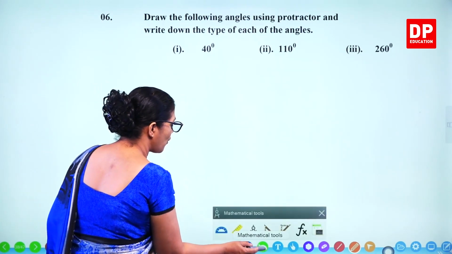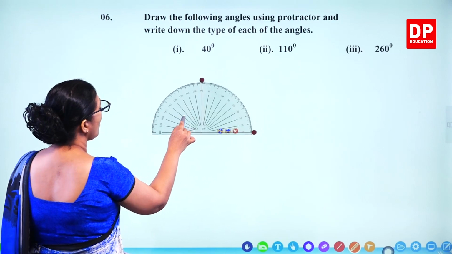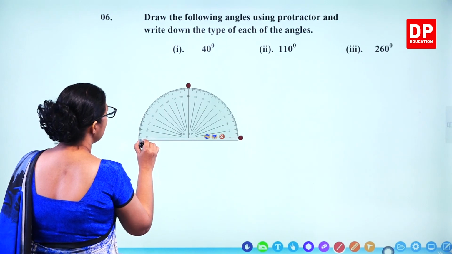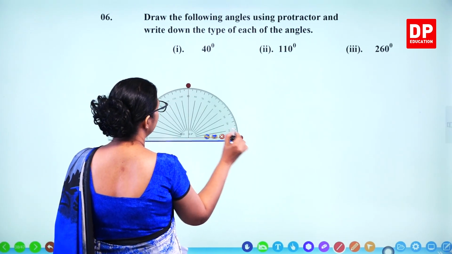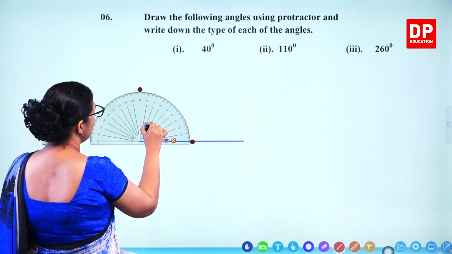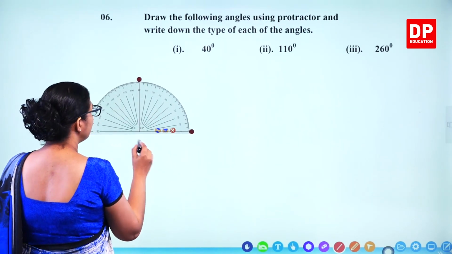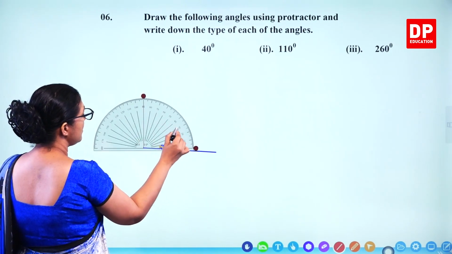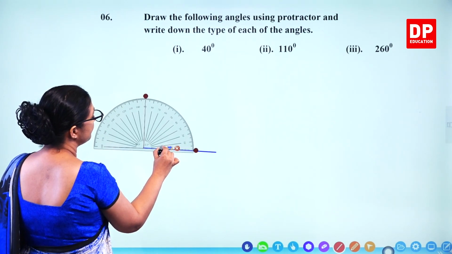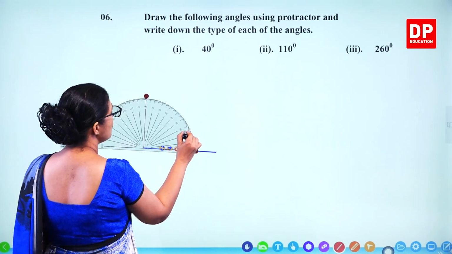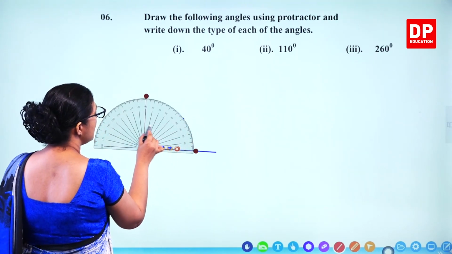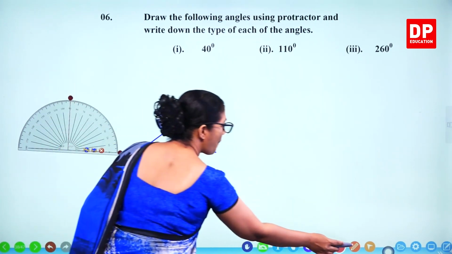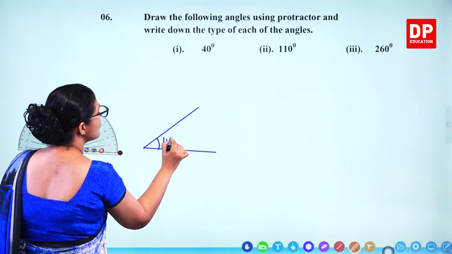So first we can draw the line and then a small line, and keep the protractor on top of the line, and you have to measure 40 degrees, 10, 20, 30, 40. 40 is here, and then you connect that point with the ruler and mark this as 40 degrees.